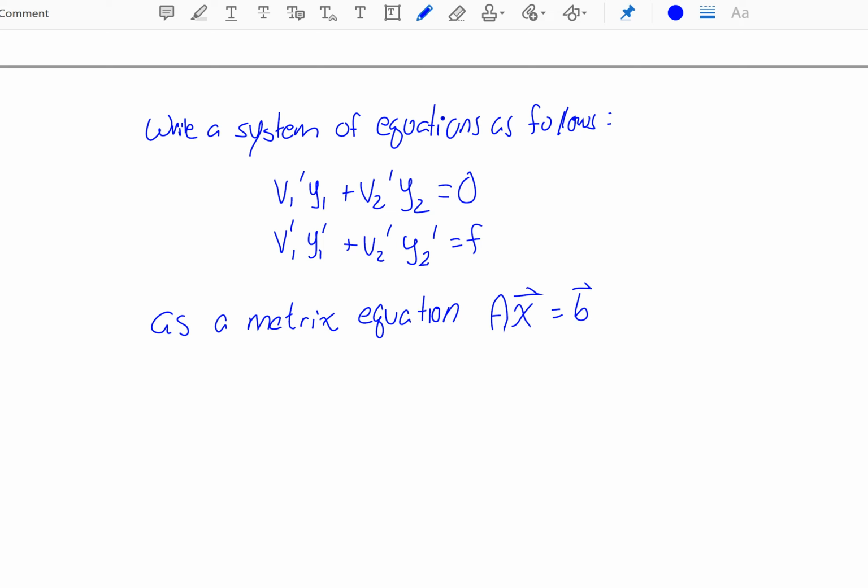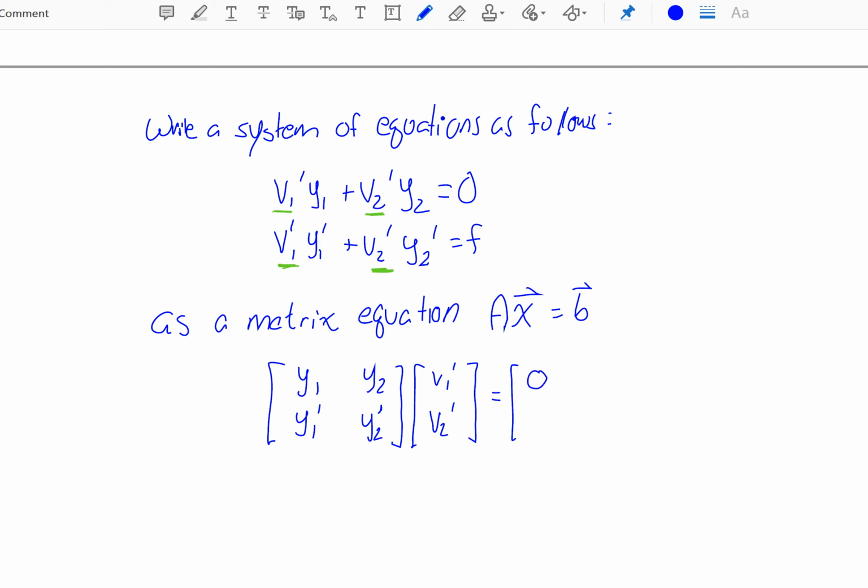Now, to write this as a matrix equation, what I want to do is factor out the v1, v2 primes. If I factor these out, I can write our system of equations like y1, y2, y1 prime, y2 prime, times v1 prime, v2 prime, equals 0, f.